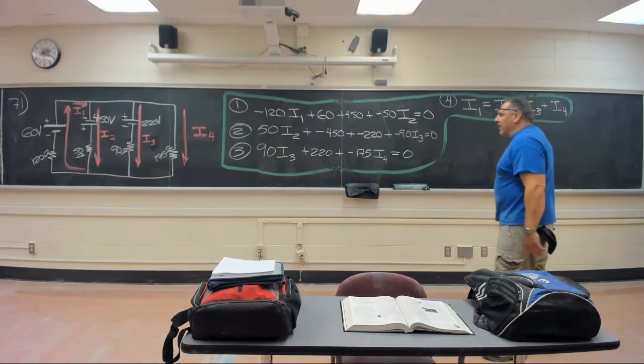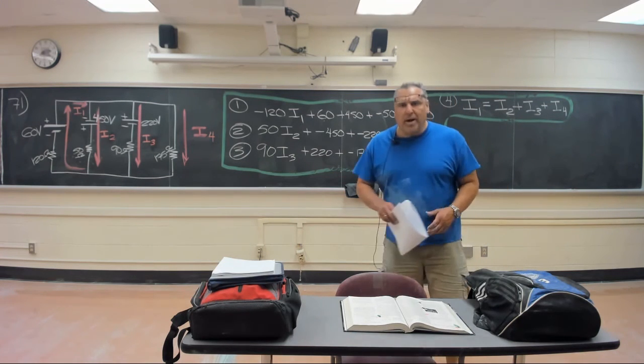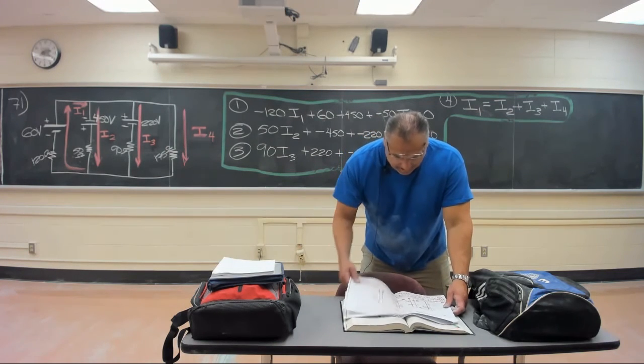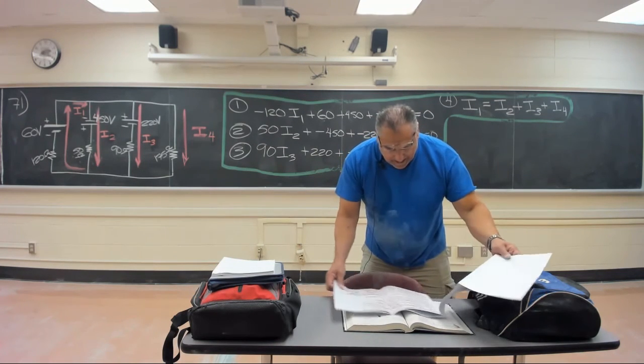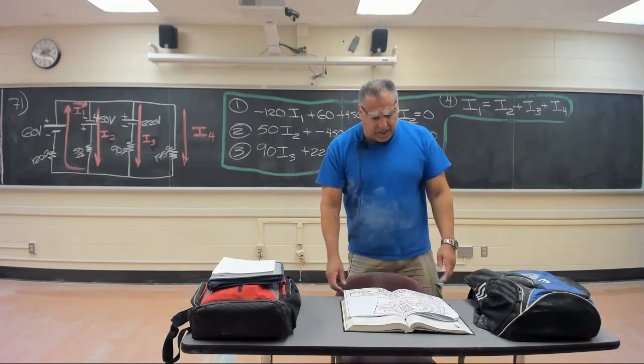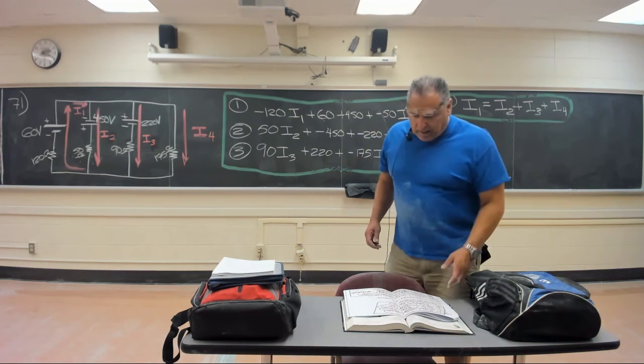There's 4 unknowns: I1, I2, I3, I4. There's 4 independent equations in 4 unknowns. End of the story. I have an entire discussion of that. I'll just walk you through it.